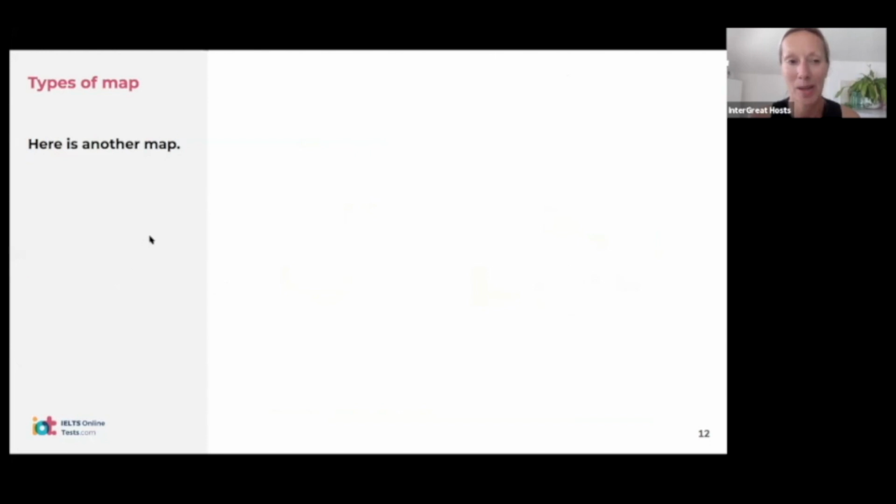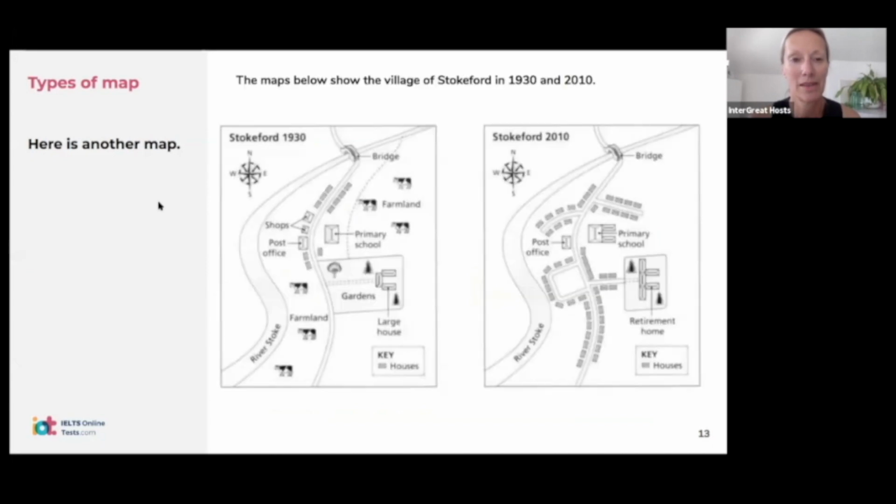So this isn't the only type of map you might get in task 1. Here is another type. Okay, so the maps below show the village of Stokeford in 1930 and 2010. What does this one describe?